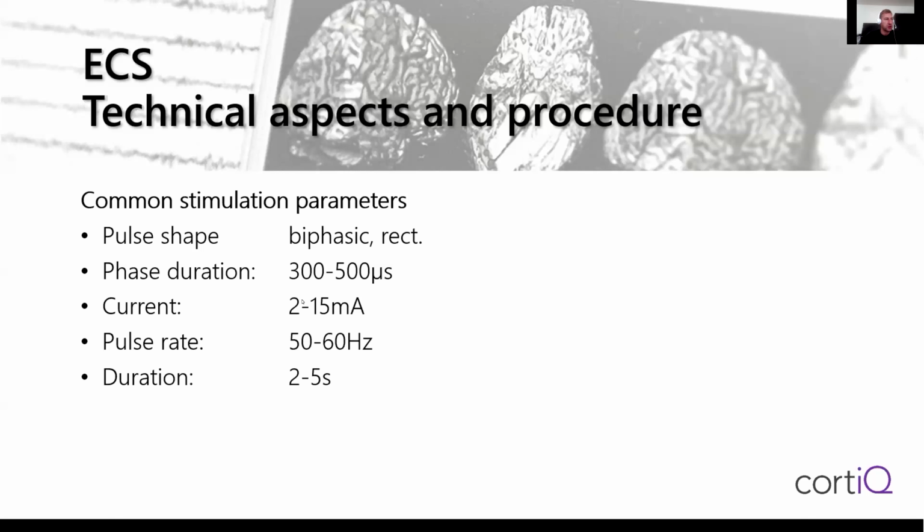Usually for motor function, it's in the range of 4 to 6 milliamperes. For language, it might be a bit higher, 8 to 12 milliamperes. And then you inject charge into the tissue, and with the negative phase of the biphasic pulse, you're neutralizing this effect again.